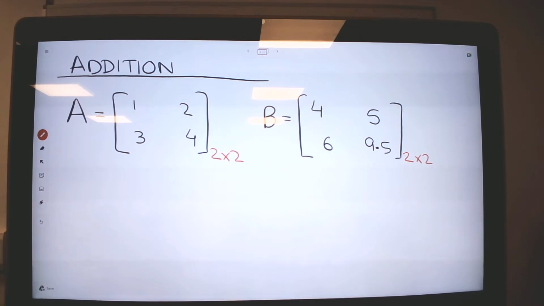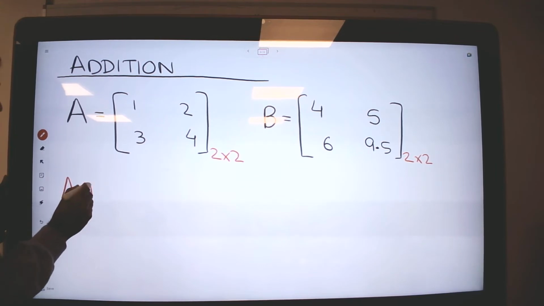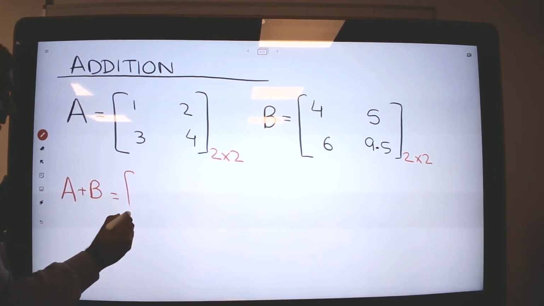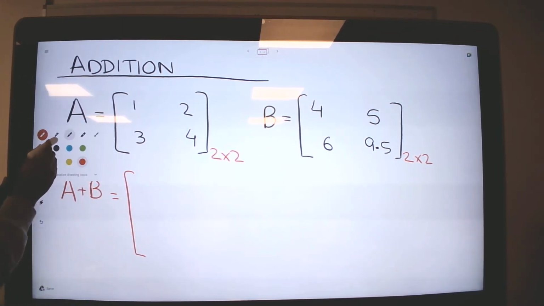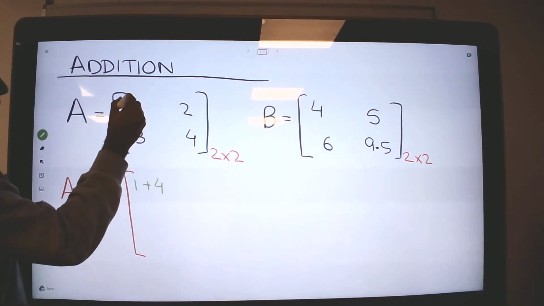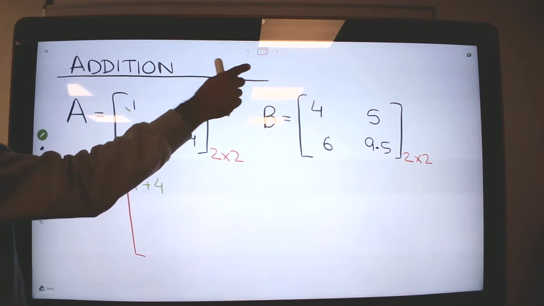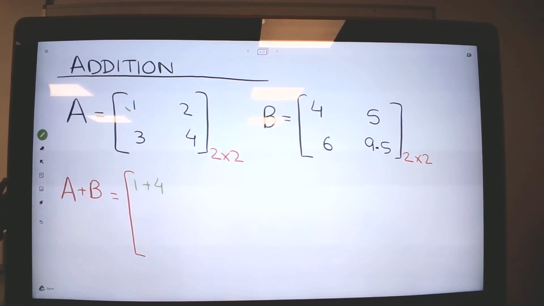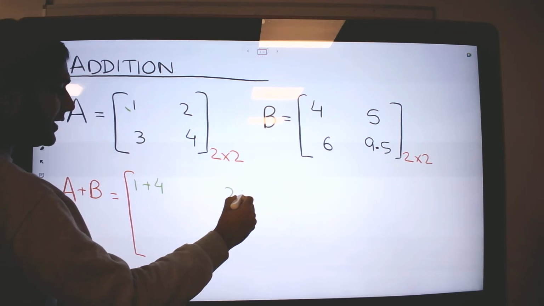If you want to add or subtract matrices, the first rule is they have to be the same order. If they're not the same order, we cannot add them. So let's have a look at how we add them. A plus B. To add them, this is what you do. 1 plus 4, the first element of the first matrix adds to the first element of the second. 2 plus 5.